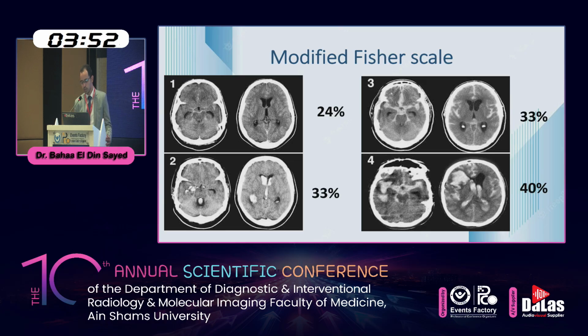Grade 2 with thin subarachnoid hemorrhage with intraventricular hemorrhage, and about 33% risk of developing delayed cerebral ischemia. Grade 3 with thick subarachnoid hemorrhage and no intraventricular hemorrhage, with about 33% risk of developing delayed cerebral ischemia. Then grade 4, in which the patient has thick subarachnoid hemorrhage with intraventricular hemorrhage, showing about 40% risk of developing delayed cerebral ischemia.